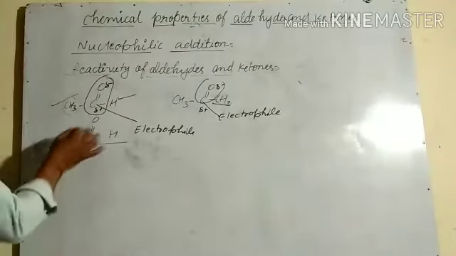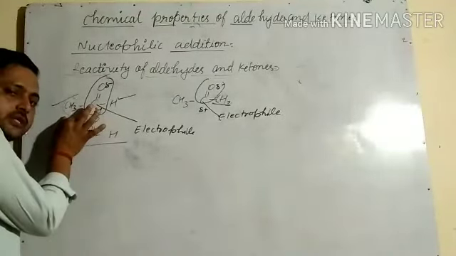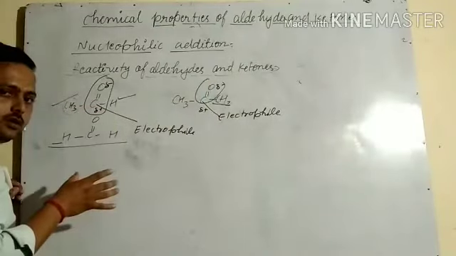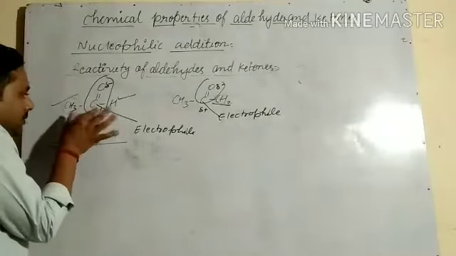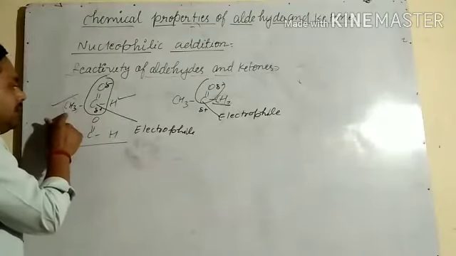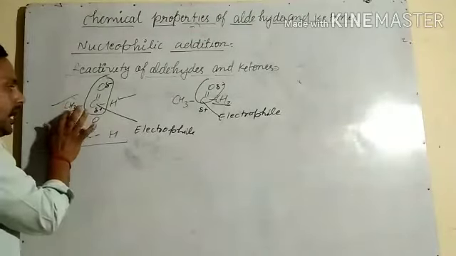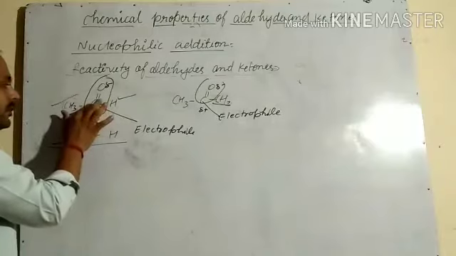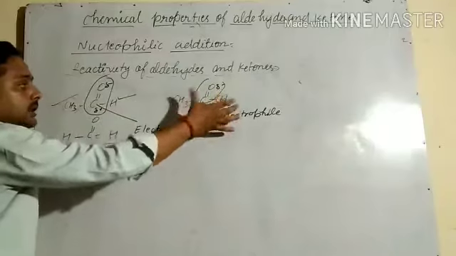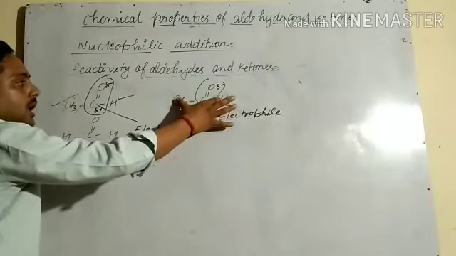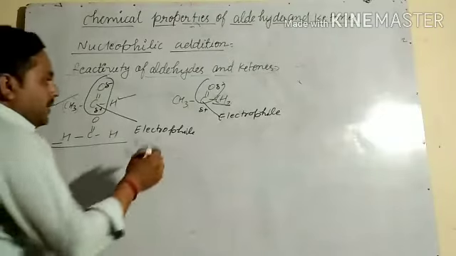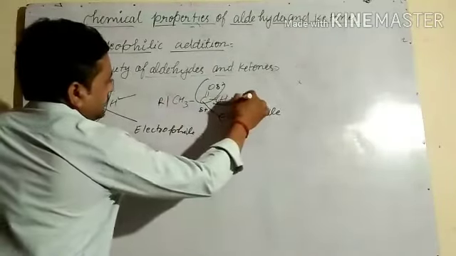So in aldehyde, we see one group is attached, and in ketone two groups are attached. In aldehyde, with only one group, the electrophilic nature of the carbonyl carbon is reduced by a lesser quantity, because in ketone there are two alkyl groups, two methyl groups. We can write it like this, also like this.